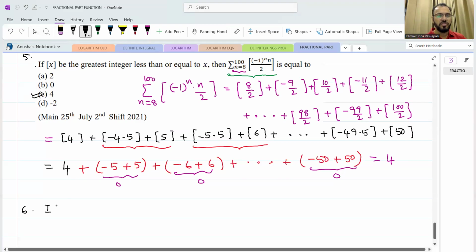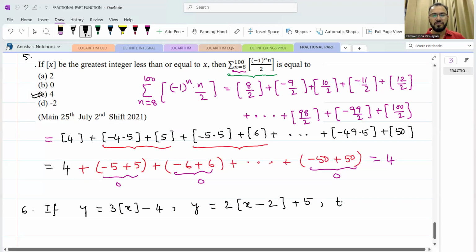I'll give one question. If y equal to 3 into integral part of x minus 4, and y equal to 2 into integral part of x minus 2 plus 5, then what is integral part of x plus y?